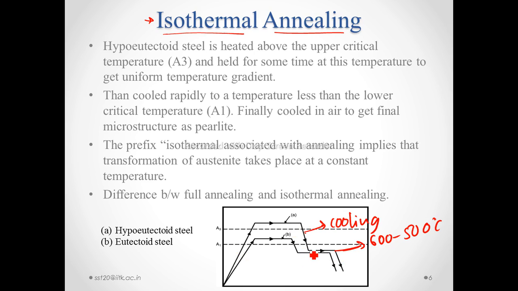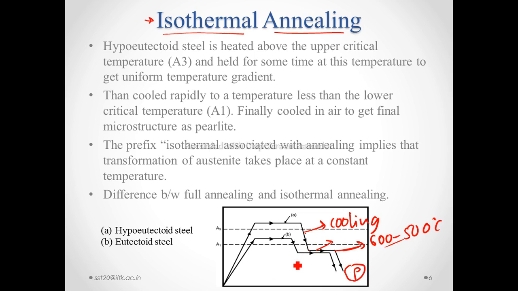We hold the sample at this temperature until all the austenite is converted into the pearlitic region. After ensuring that all the austenite has transformed to pearlite, it is cooled. The final microstructure we get is completely pearlitic.